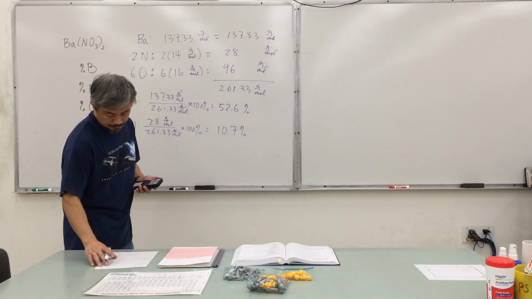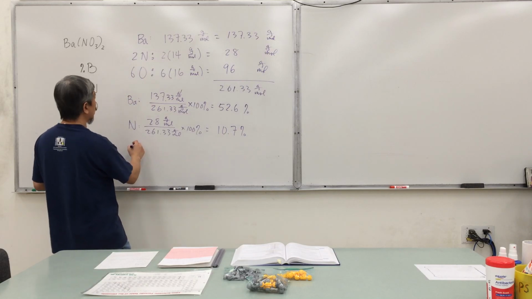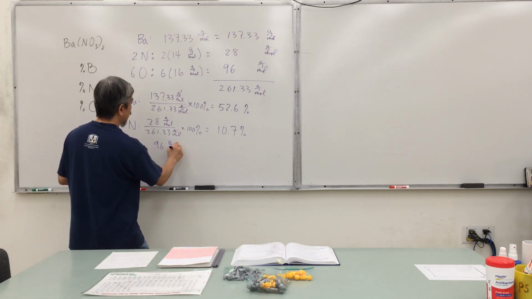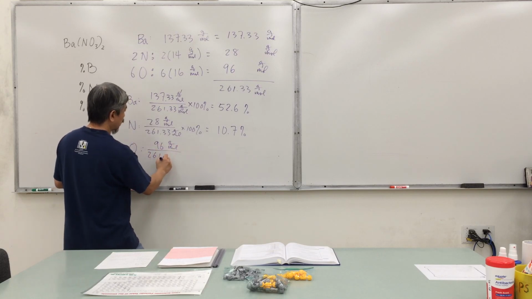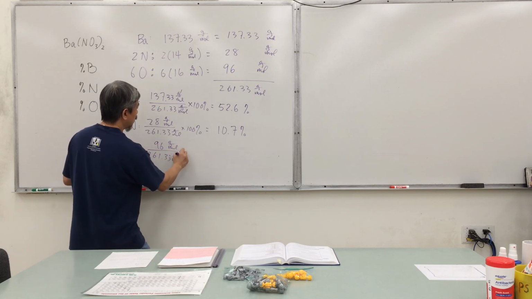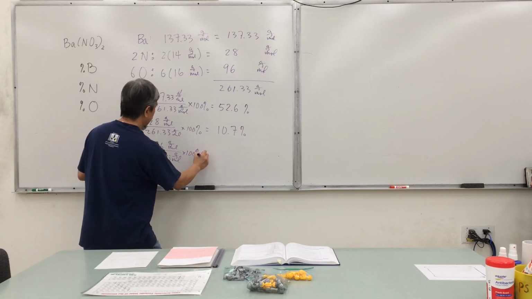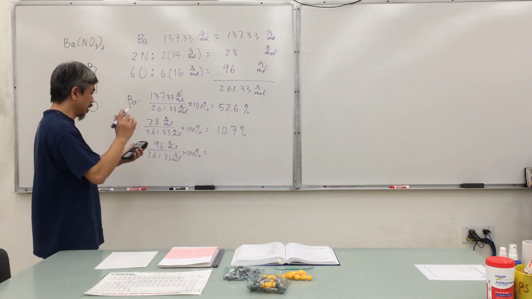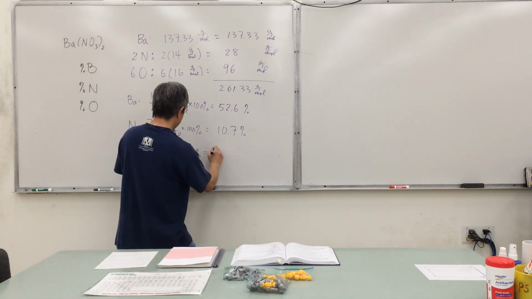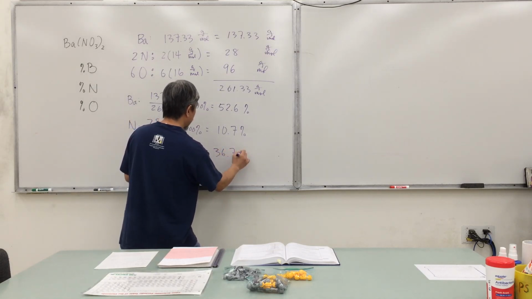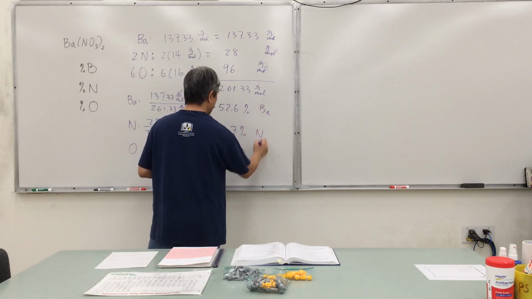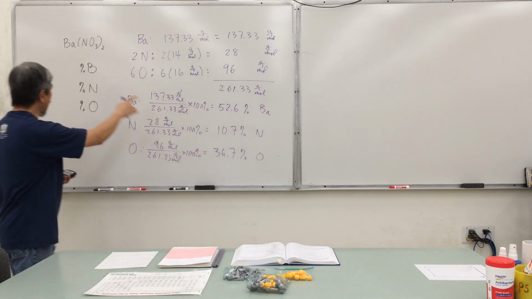And finally, for your oxygen, you now have 96 grams per mole, divided by 261.33 grams per mole, times 100%. Okay, 96 divided by 261.33, I'll give you roughly 36.7%. So this is now for barium, nitrogen, and oxygen. So these numbers can now be carried over.